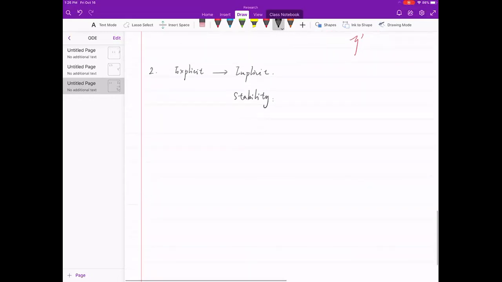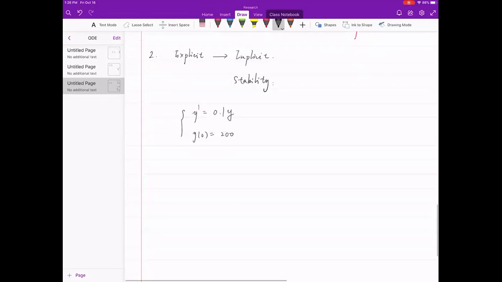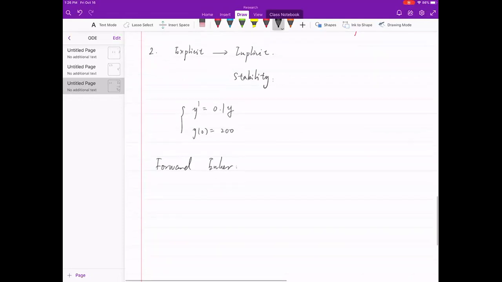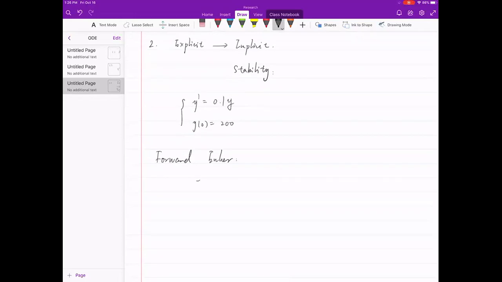Let's think about this differential equation, or even just y' = 0.1y. y0 is 200 or something. Okay. Now let's talk about forward or explicit Euler. Okay, which is basically what we had before.